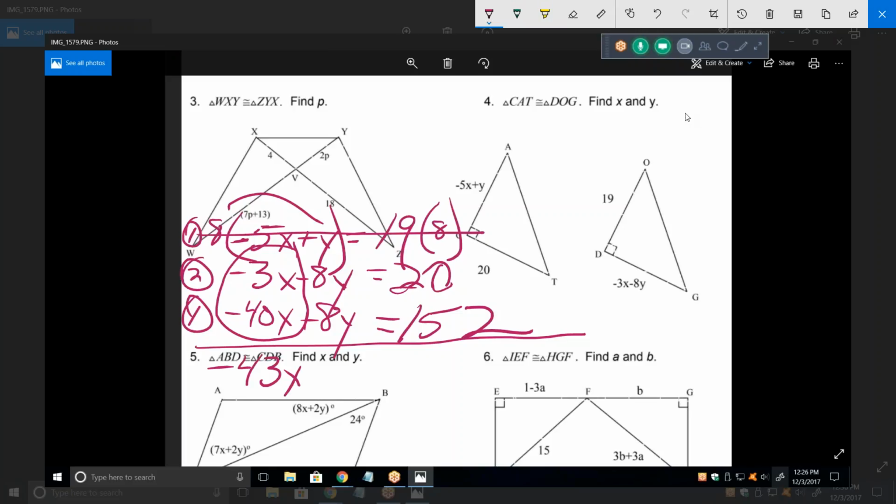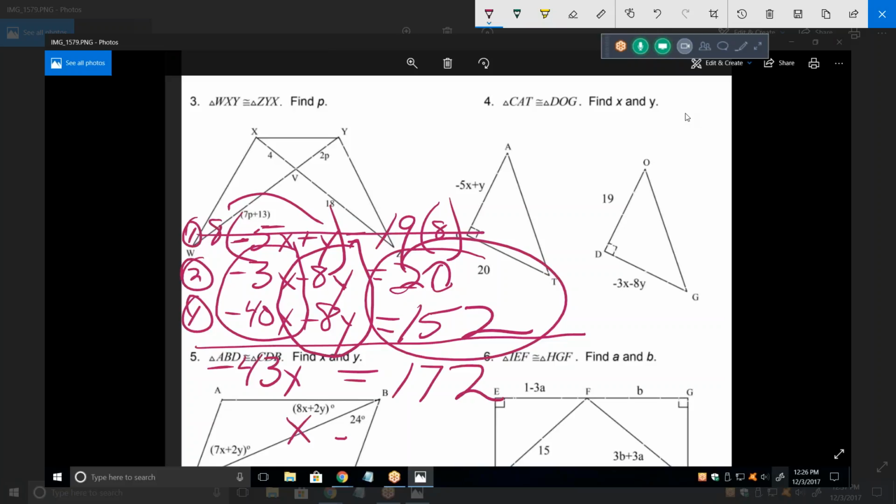x equals. Now what happens when you add those two? It gets rid of y. It's eliminated. That's the whole reason we call it elimination. We're trying to eliminate one of the variables. Now, you still have to add those two. Equals 172. Okay.